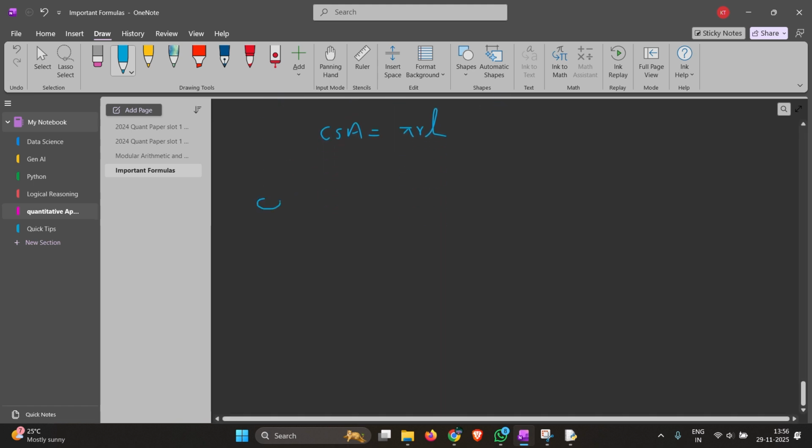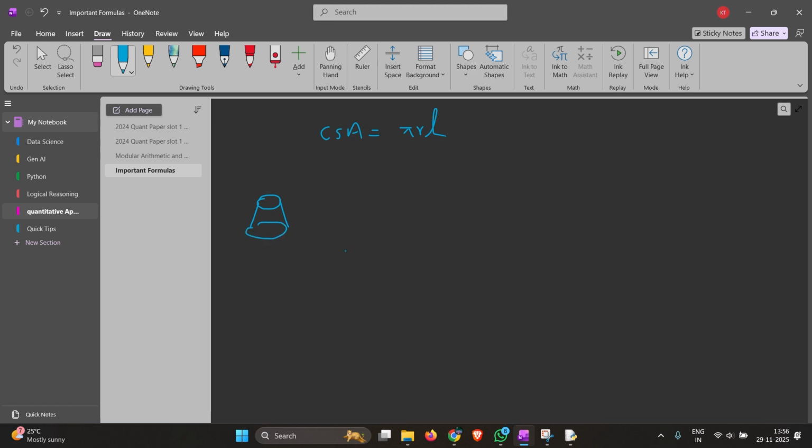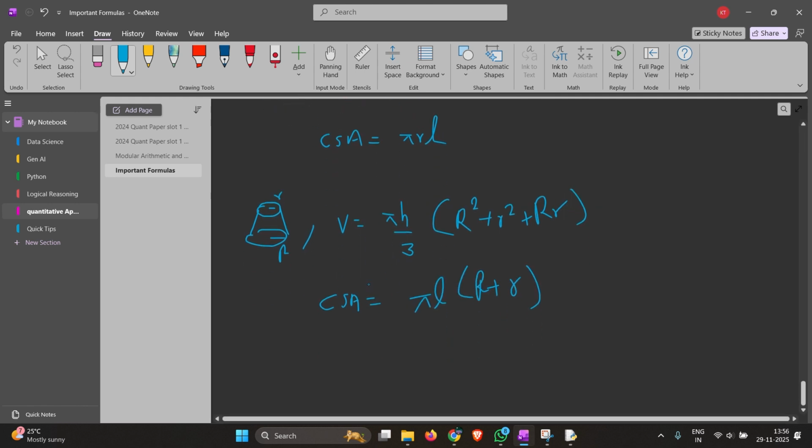And if you have a frustum of a cone, a cone which has been cut off, something like this, the volume is pi h by 3 into r square plus R square plus rR, where small r is the radius of the smaller circle, bigger R is the radius of the bigger circle, and the CSA for that is pi l into (r plus R).